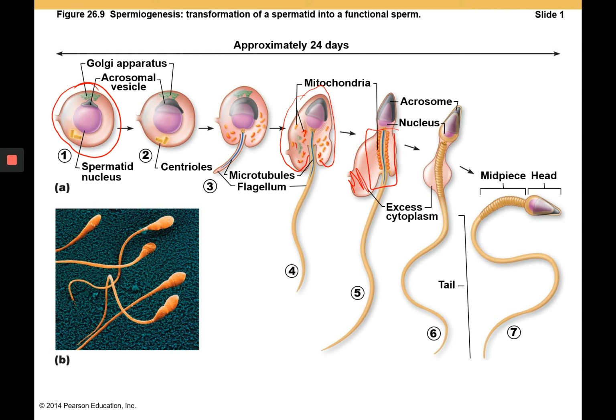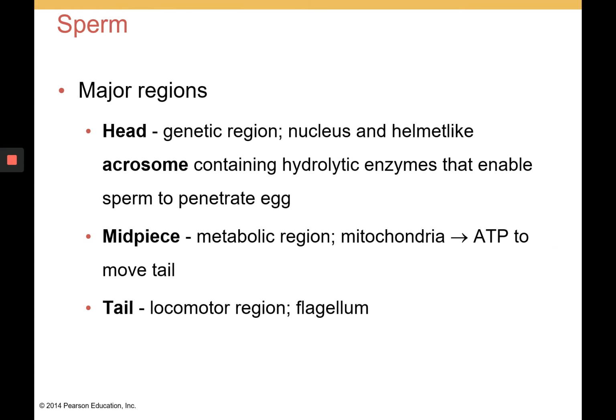And the final spermatozoon that is created after approximately 24 days via the process of spermiogenesis will contain a head, midpiece, and tail. The head is the genetic region.